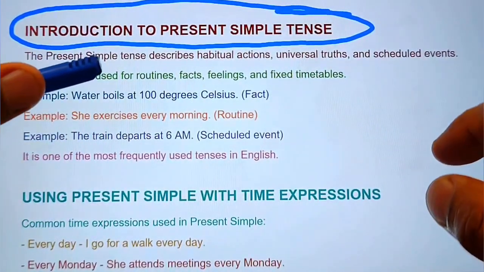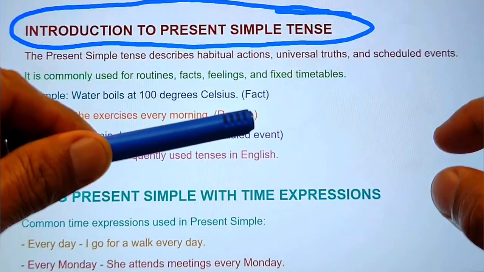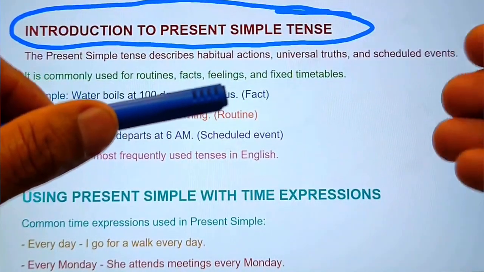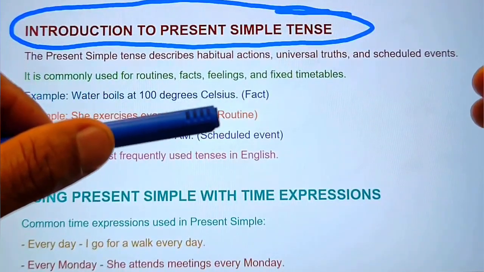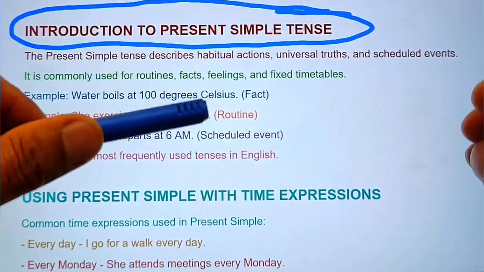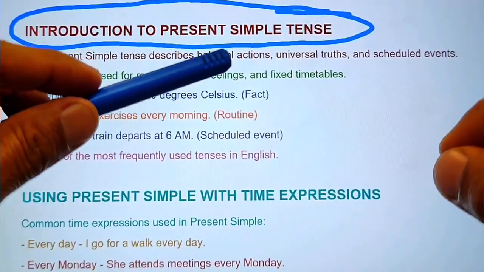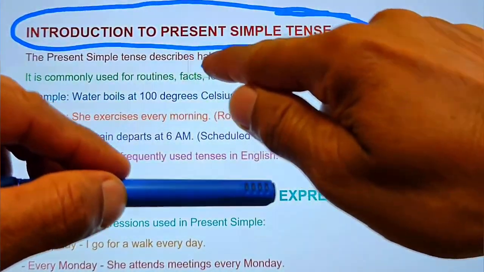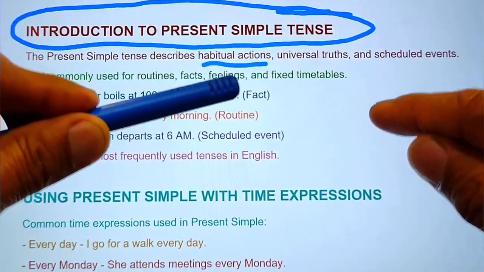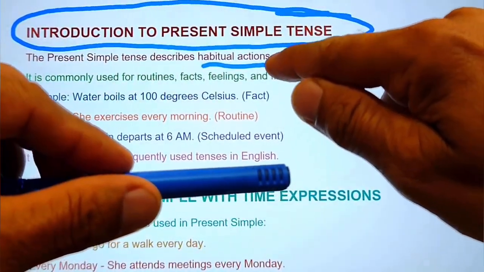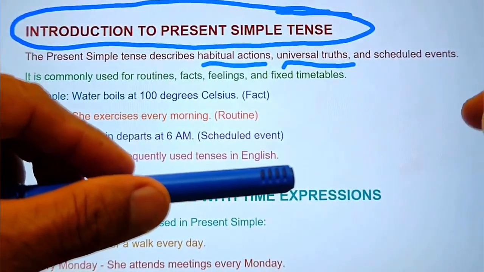The present simple tense describes habitual action. This describes your habit, what you're doing in your daily life, in your daily routine. We use the present simple tense for habitual action, and we use it for universal truth, like the sun rises in the east.